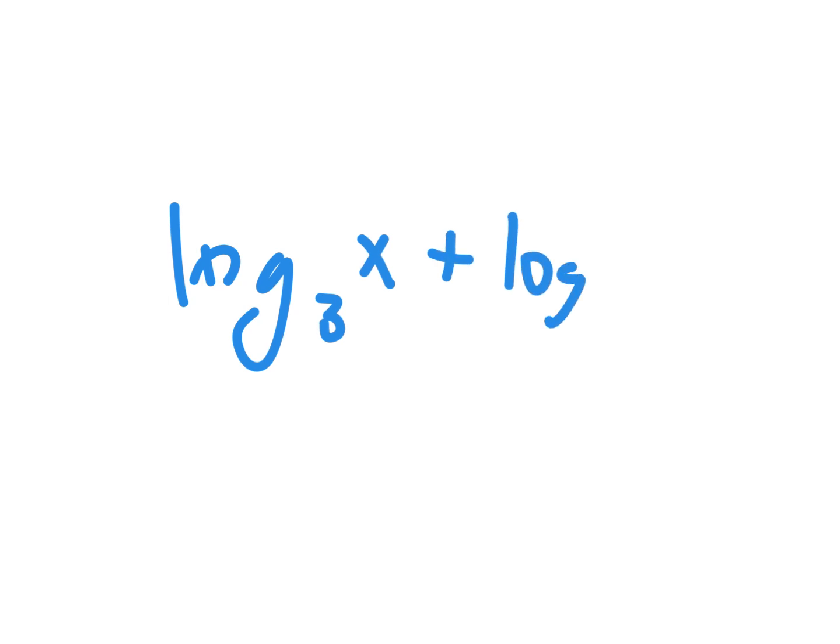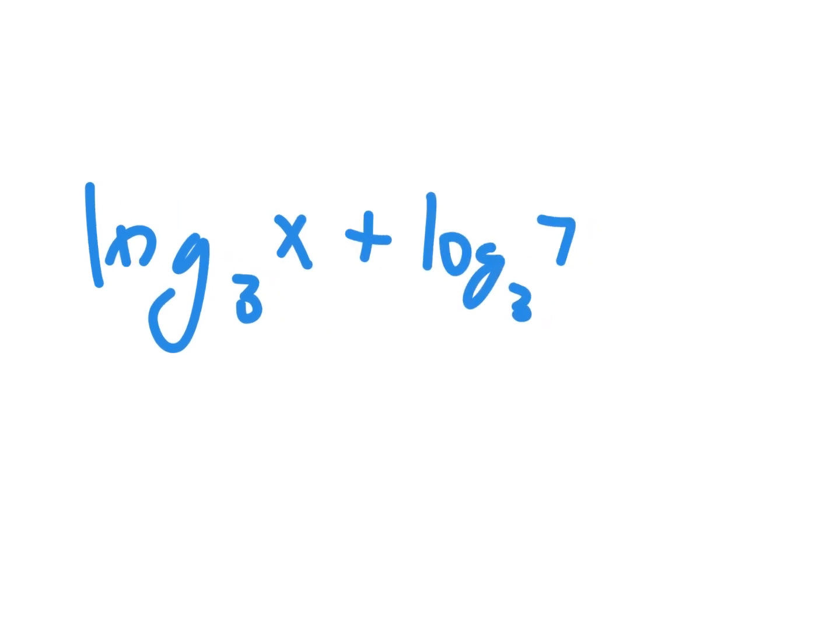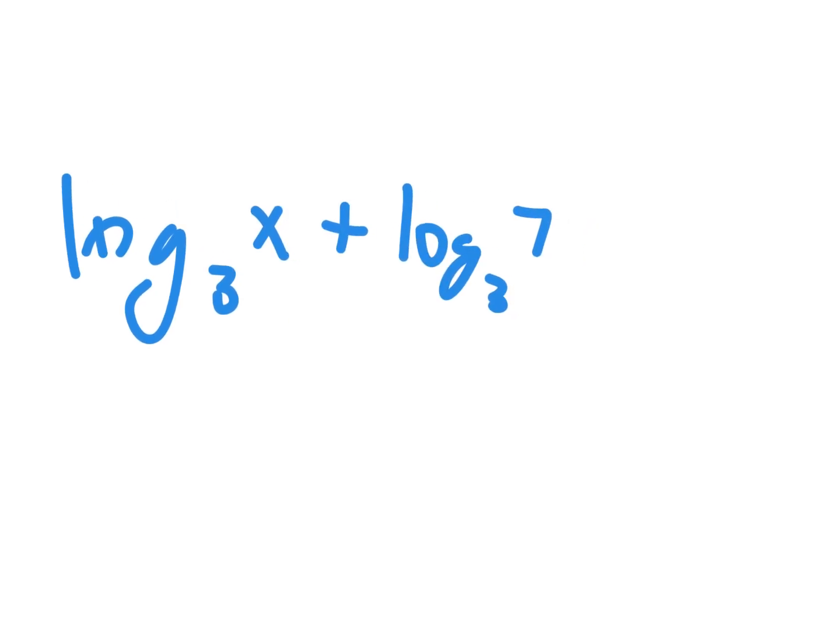Like this. Log base 3 of x plus log base 3 of 7. Good luck getting your calculator to do that for you. Take a second, see if you remember that kind. Act like the test is today, and that's one of the finals questions.